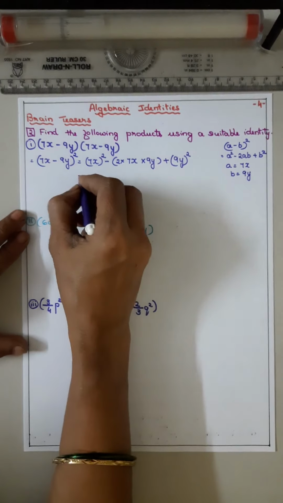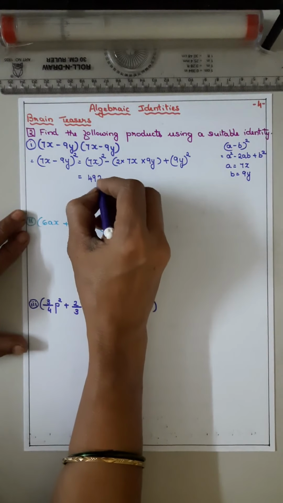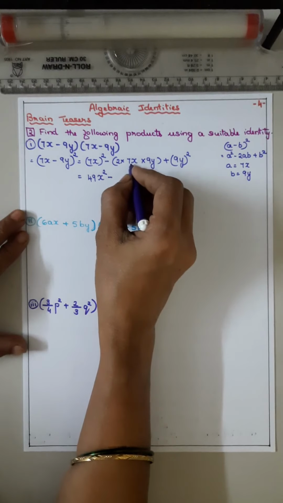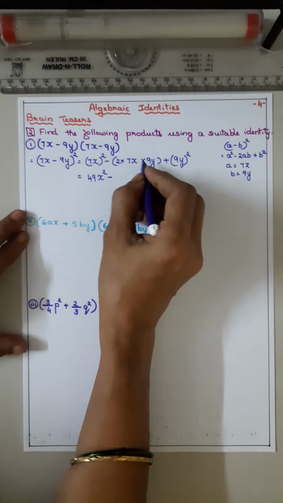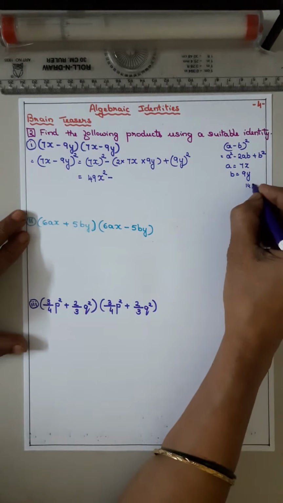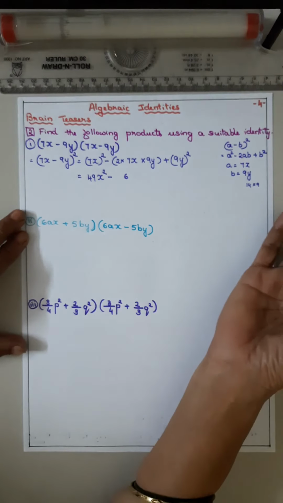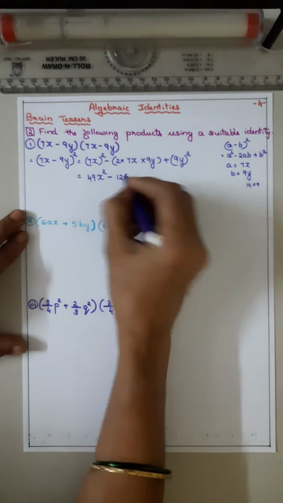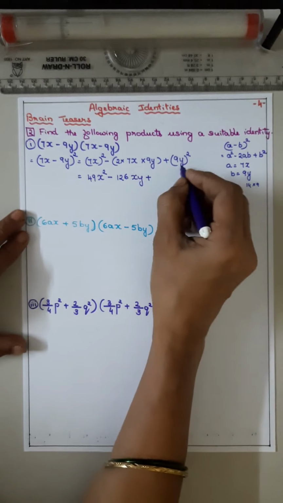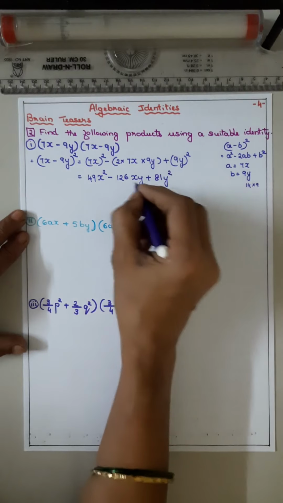Okay, now 7x the whole squared, 7 sevens are 49, x squared, minus 7 twos are 14, 14 nines are 126, 126xy, plus 9 squared, 9 nines are 81 y squared.